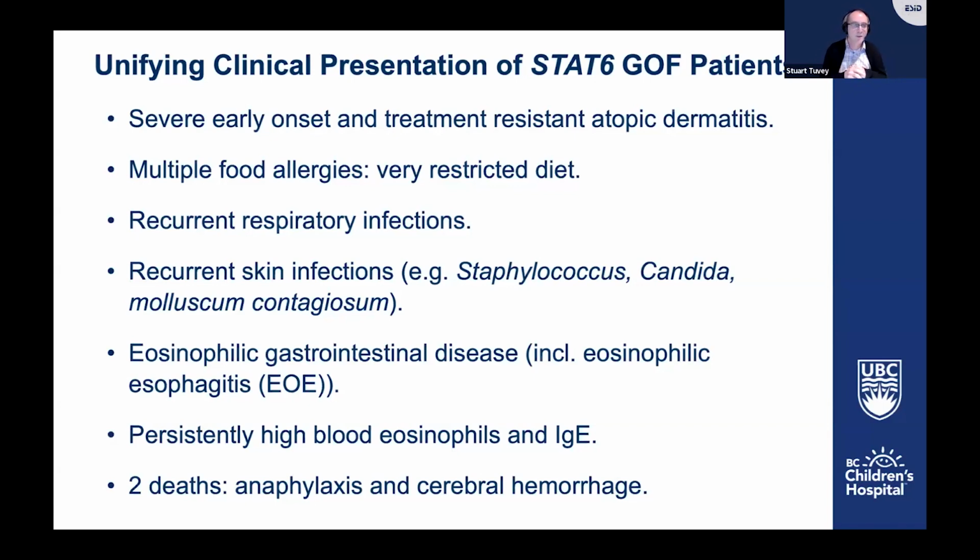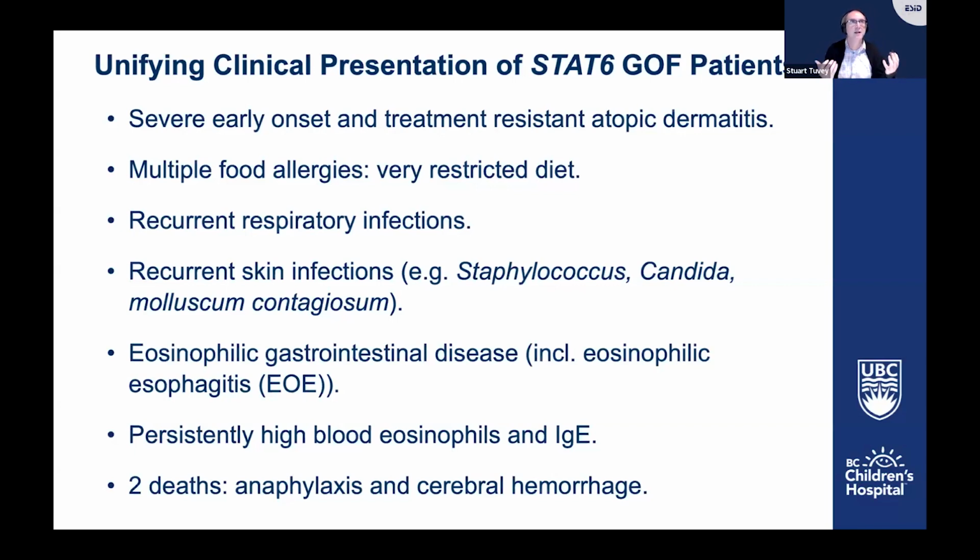These patients have the biomarkers we expect of allergy with persistently high blood eosinophils and IgE, but there's no other obvious clues for us in the classic workup we do, looking at immune phenotyping or other blood cells.